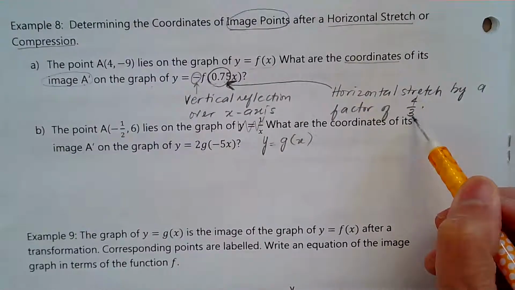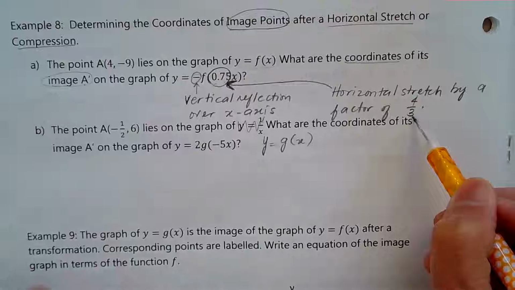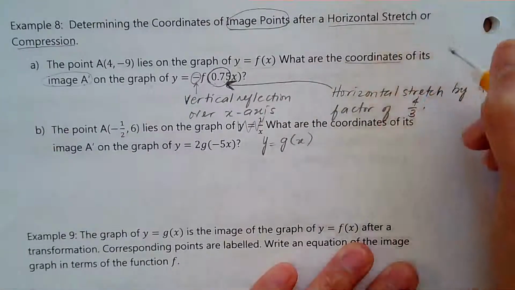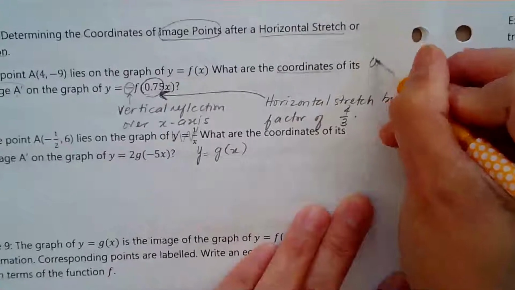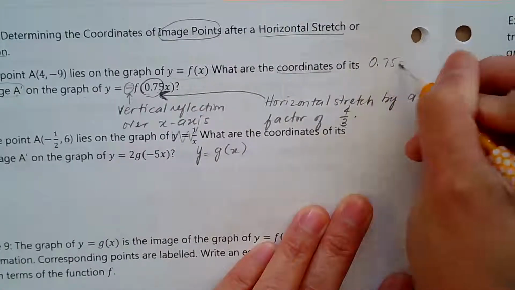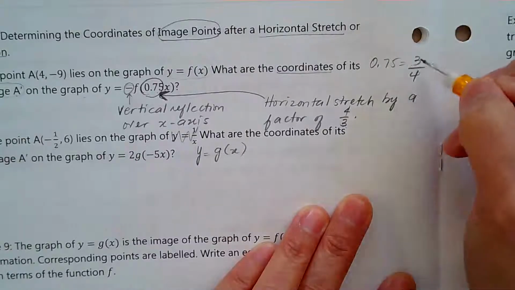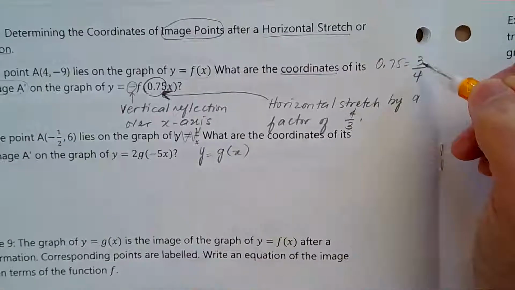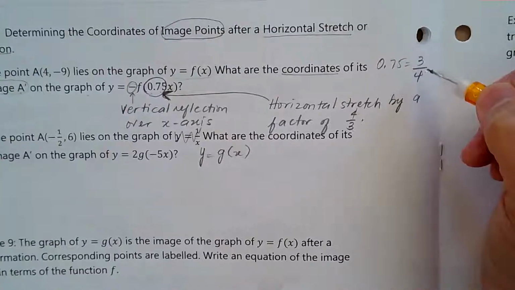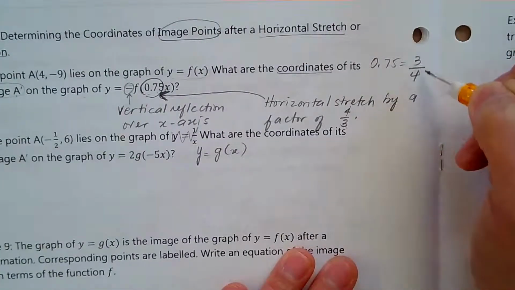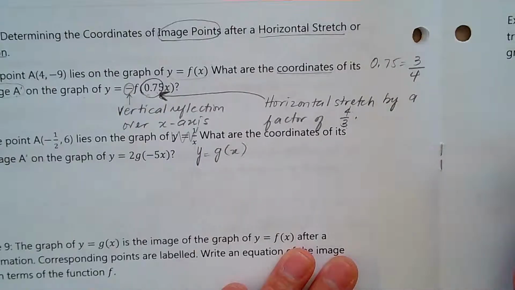And where did we get the 4/3 from? Because 0.75, I'll just write it over here on the side, 0.75 is equal to 3/4, right? And then this is going to be 1 over b. If you take the reciprocal of 3/4, which is 4/3.